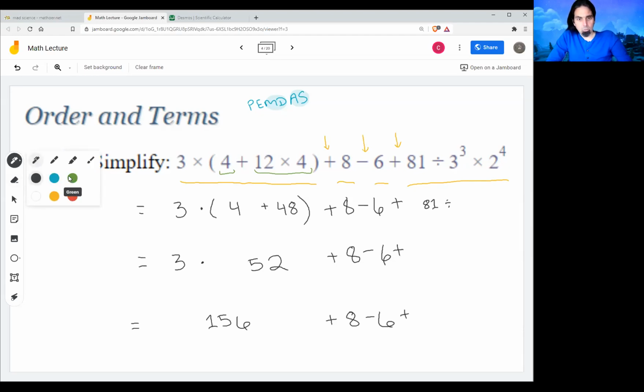So what is 3 times 3 times 3? 27. And then what is 2 times 2 times 2 times 2? That's a lot of 2s. 16.